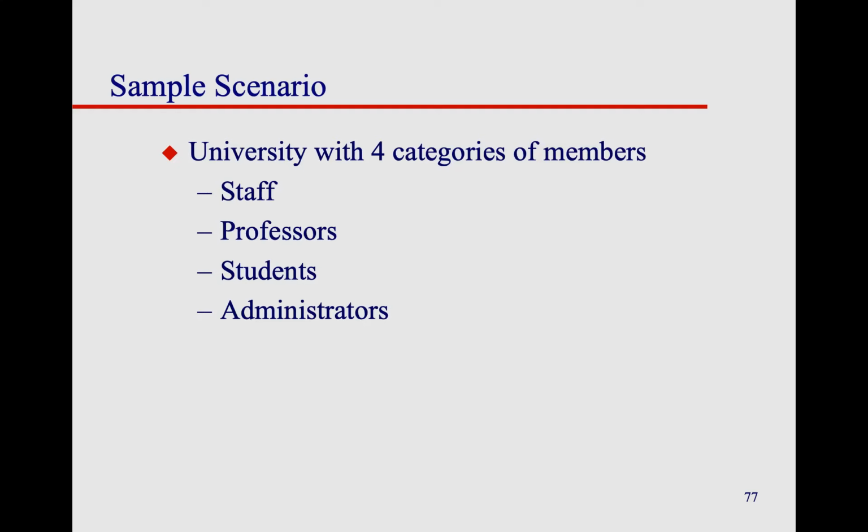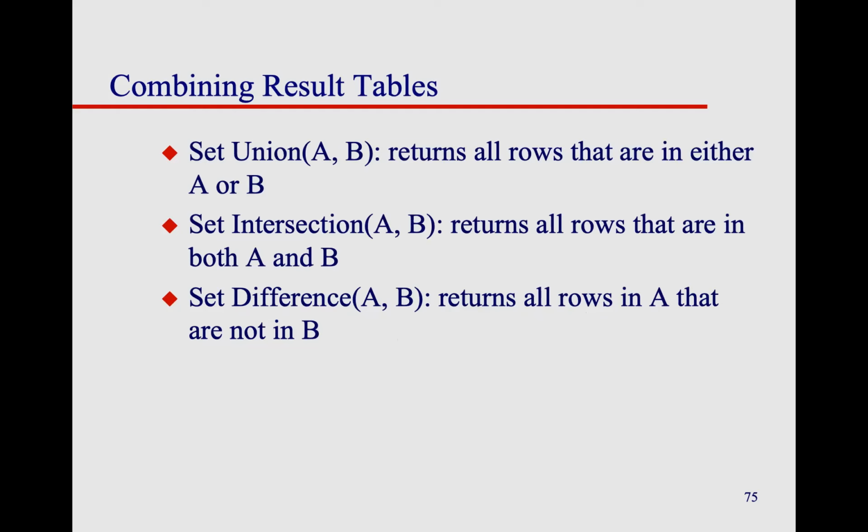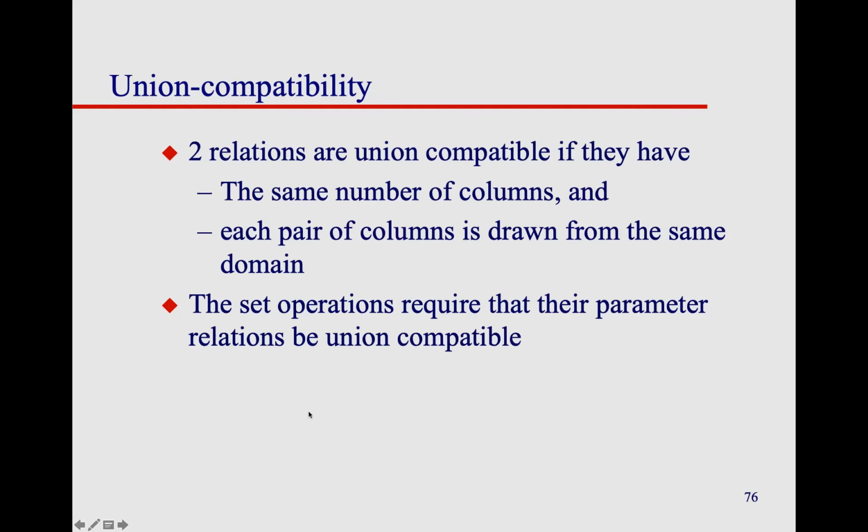Okay, so that's a good example of when you might want to use the different union operators. In order to apply these operators, the relations have to be what are called union compatible. Intersect and set difference also have this union compatibility requirement. So the relations have to have the same number of columns, and each pair of columns must be drawn from the same domain.